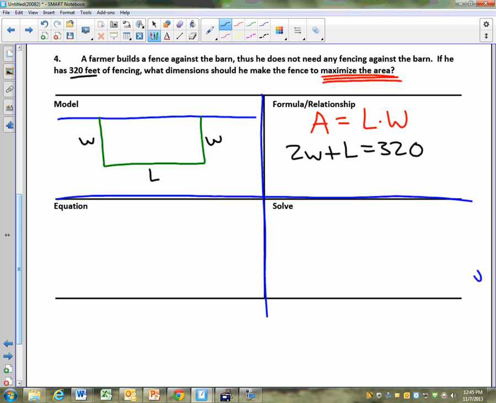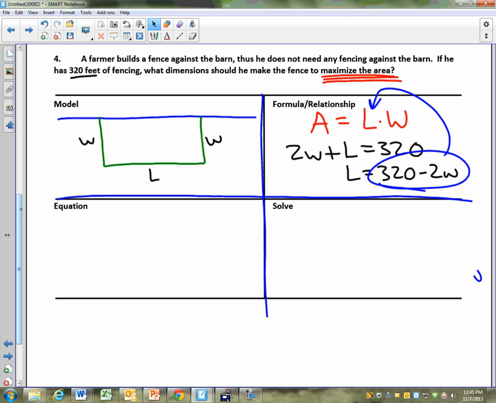Is it going to be easier to solve for L or easier to solve for W? Solve for L. L is equal to 320 minus 2W. I'm going to take that and plug it in for L. Now I can write my function. I have a function for area in terms of what variable?